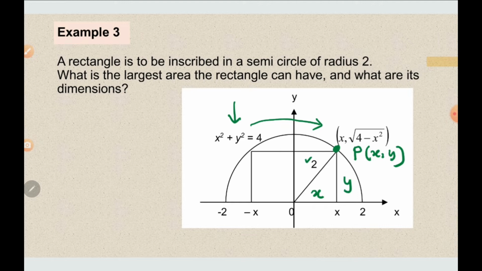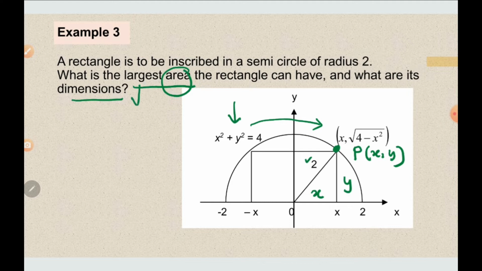Okay, now what is the question asked here? The question asks what is the largest area the rectangle can have and what are the dimensions? So what is the function to be maximized here? I want you to ask yourself, what is the function to be maximized here? The function to be maximized here is area.